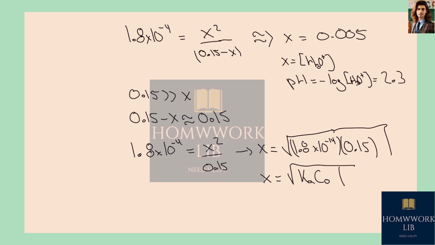Using this result within the approximation, our value for x then is 5.19 times 10 to the minus 3. Just to add more significant figures, the result without any approximation is 5.28, and this one is 5.19.